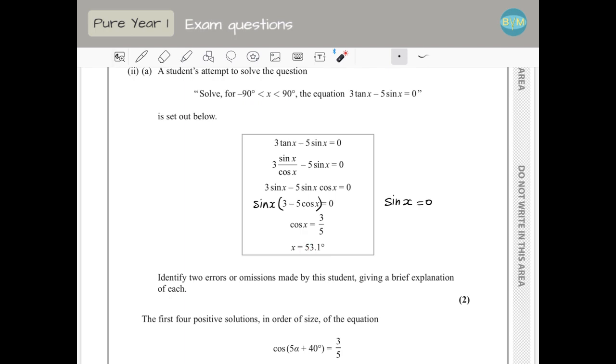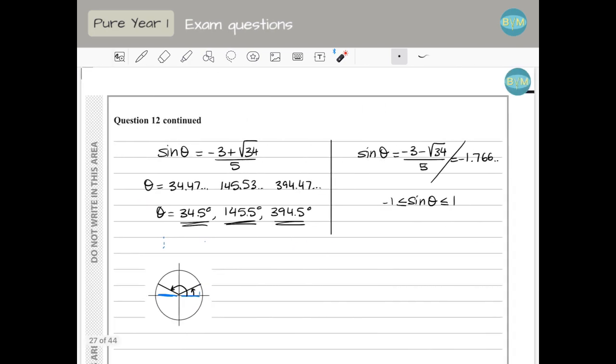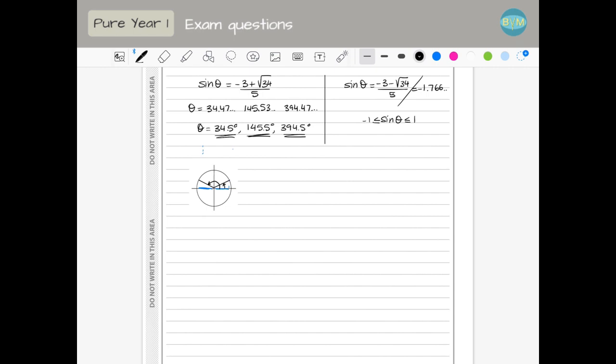For this interval, he's missing minus 53.1. So he's missing solutions. That's what you have to say: he's missing sine x equals 0 because he has cancelled the terms. And the other one is missing x equals minus 53.1.